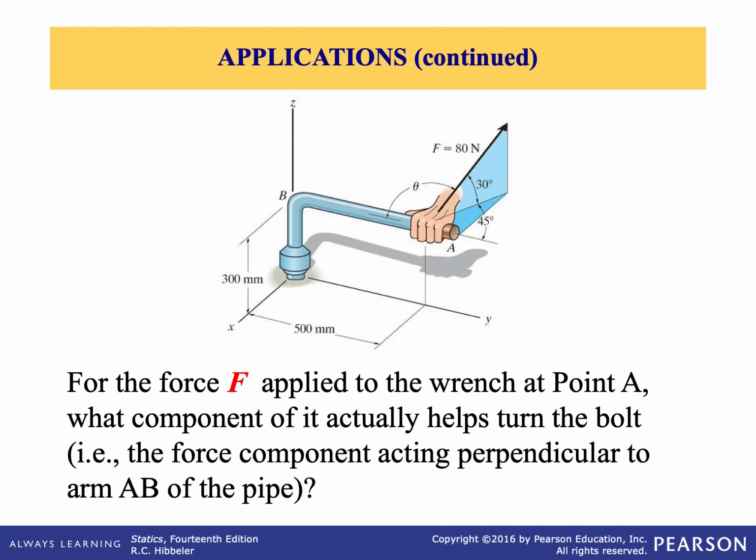The force is applied to the wrench at point A. What component of it actually helps turn the bolt? Is it the one along the z-axis, the one along the x-axis, or the one along the y-axis? Which one actually helps in turning the bolt? We want to find that, and this is where projections are important, to project the force on a particular line.